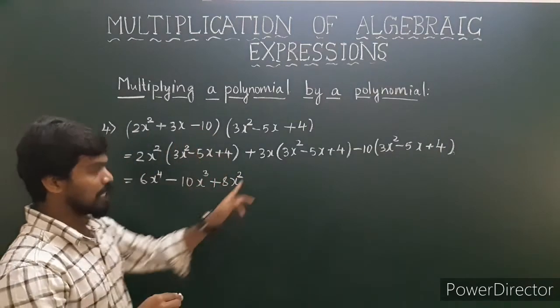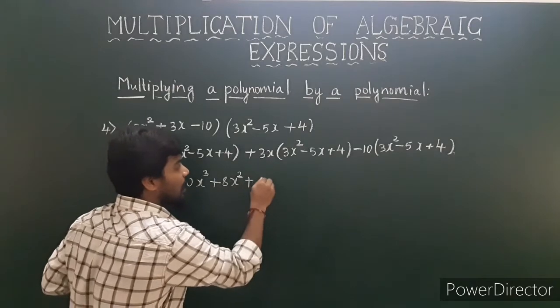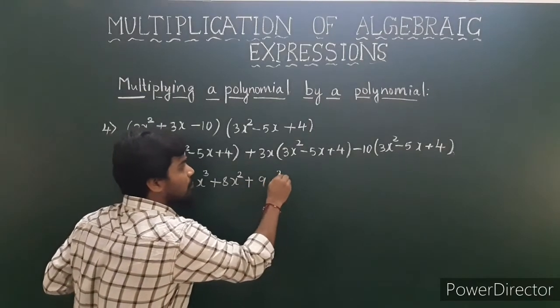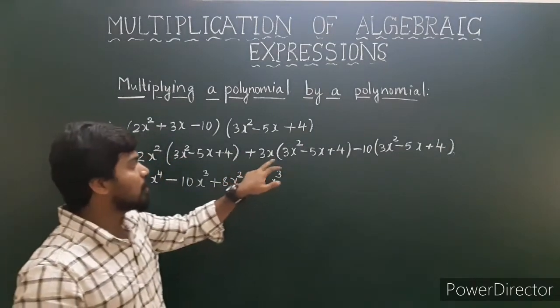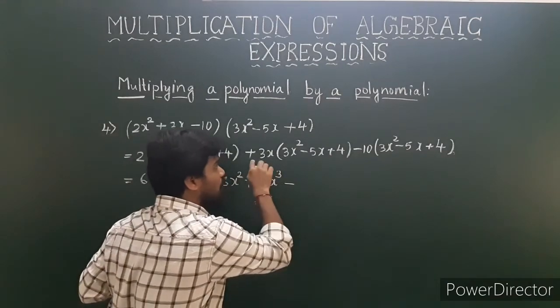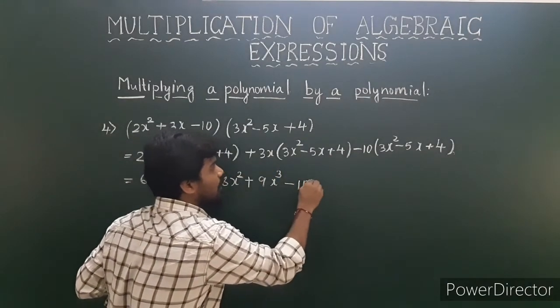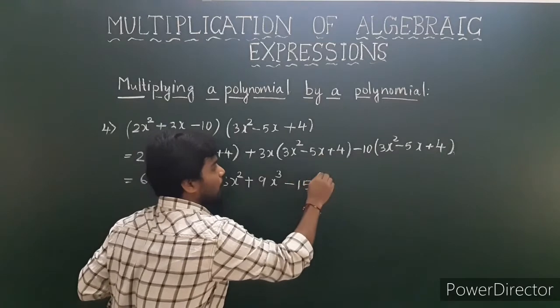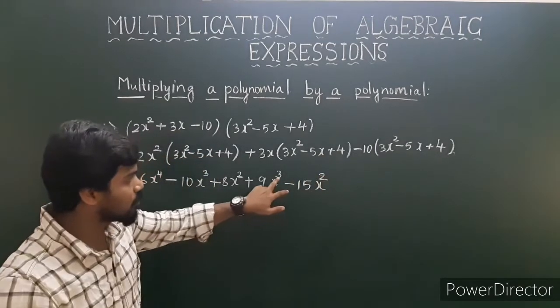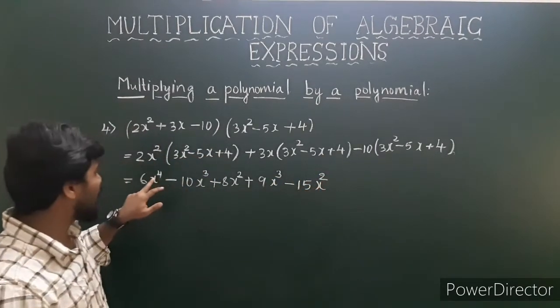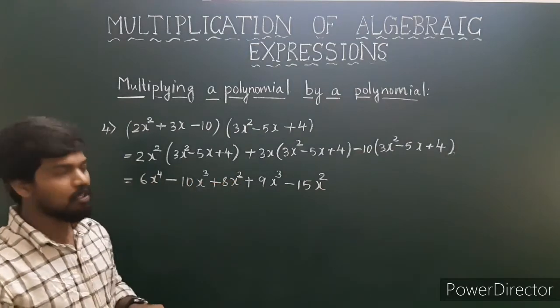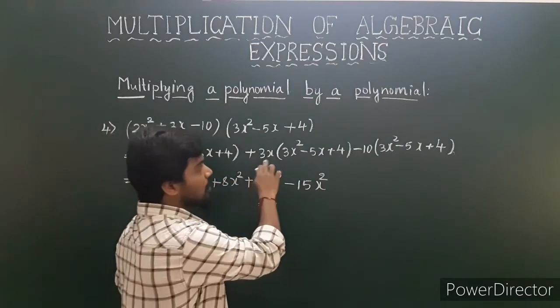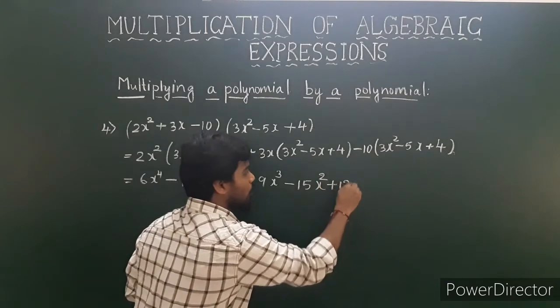Now you take second one. You see the order, first 3, next 2. So here you see that 4, 3, 2. So next, so 3 4s are 12x.